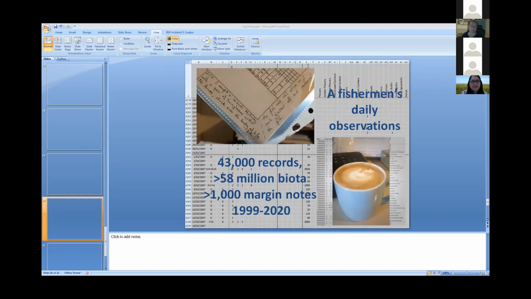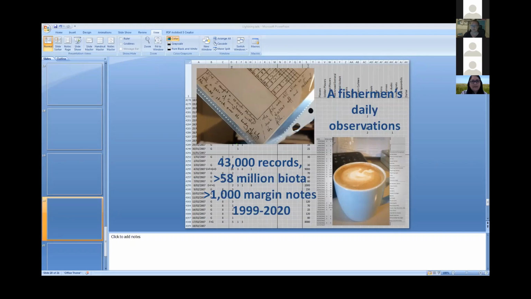And our biggest find to date, and what's killing me at the moment as I sit here and type it up, is that one fisherman came to me and said, well, I've kept daily records for the last 20 years. Doesn't go back as far as you want. It turns out his father's got more records than his grandfather before. But this particular fisherman, just this one man, has kept records every day for 20 years.